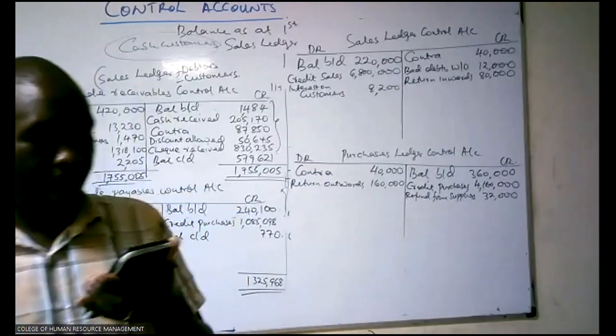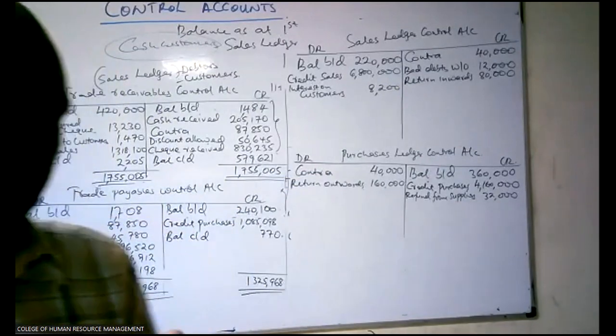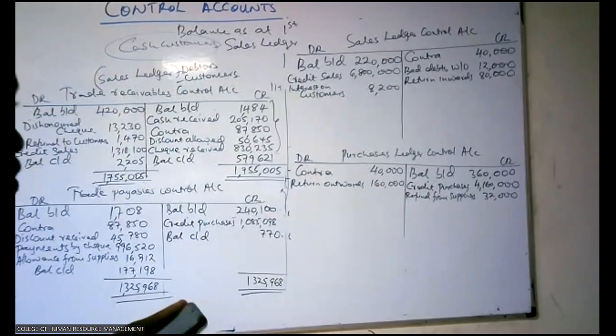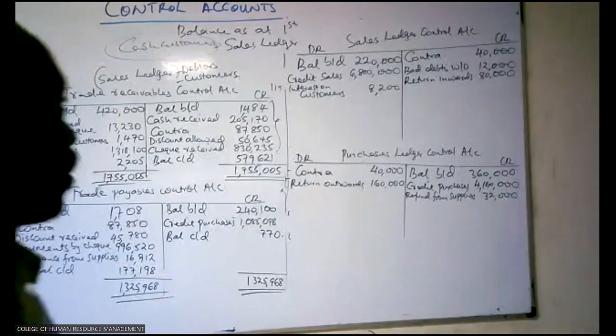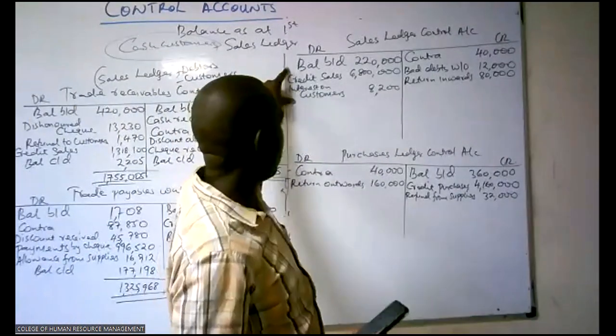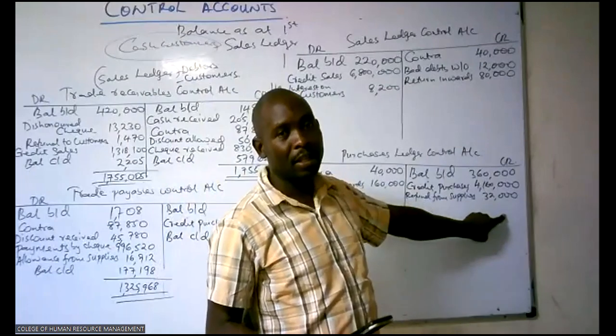Discount, yes. Why are we crediting refund from suppliers? Because it increases the creditors amount. Oh, okay. Did you record that format we prepared? We said refund to customers is here, refund from suppliers goes there.